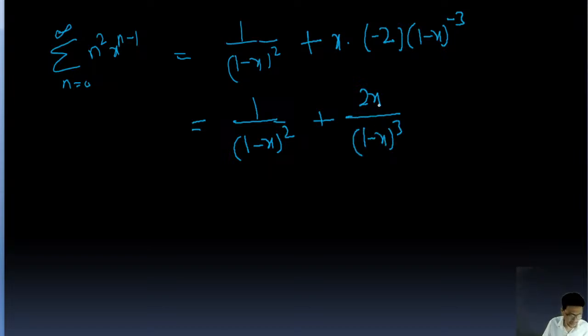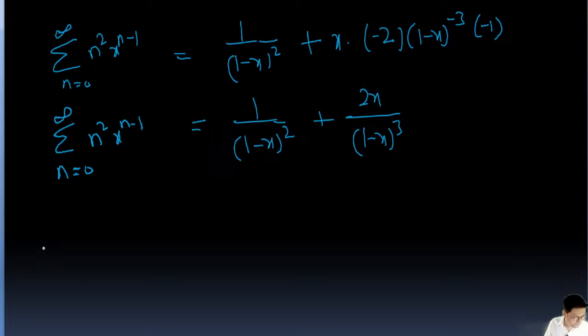Here there is also a minus 1, right? Minus minus plus, so 2x upon 1 minus x to the power 3. Because it is 1 minus x to the power minus 3, it will come in the denominator and become 1 minus x to the power 3. So this is the value of sigma n equal to 0 to infinity n square x to the power n minus 1.